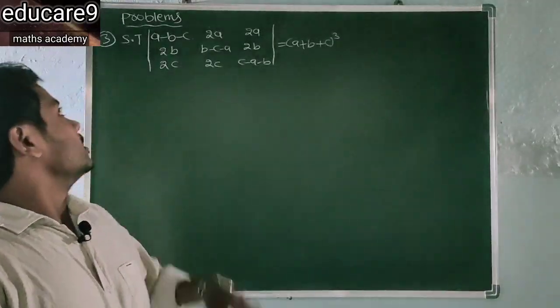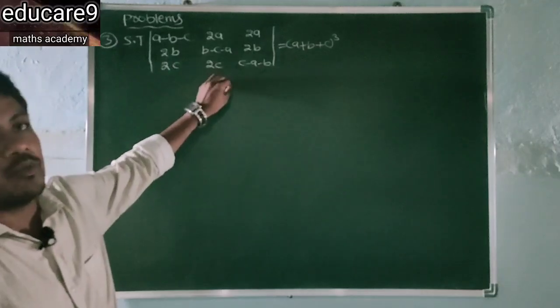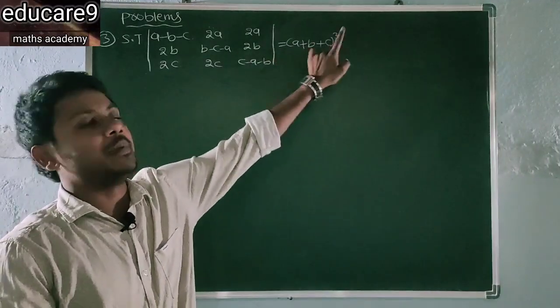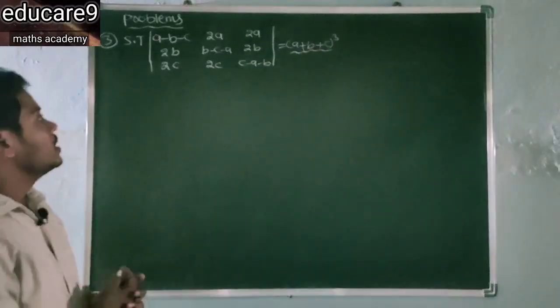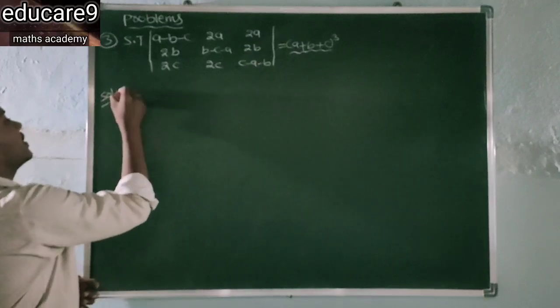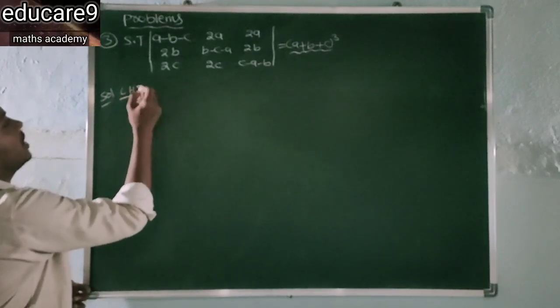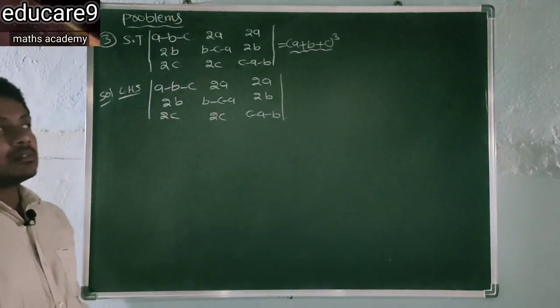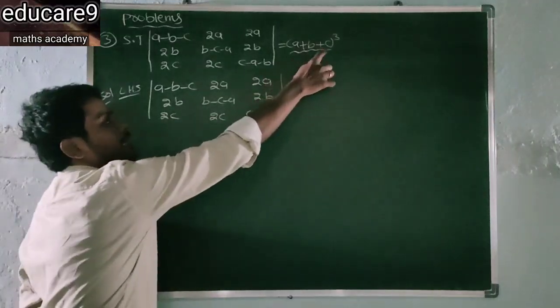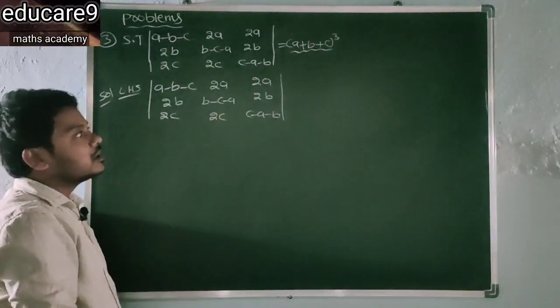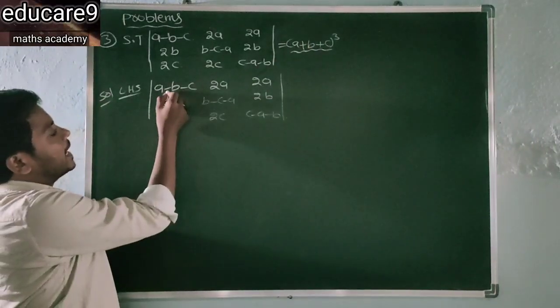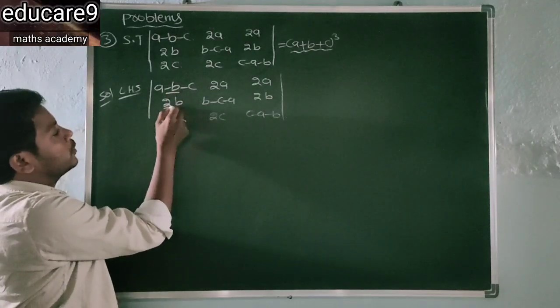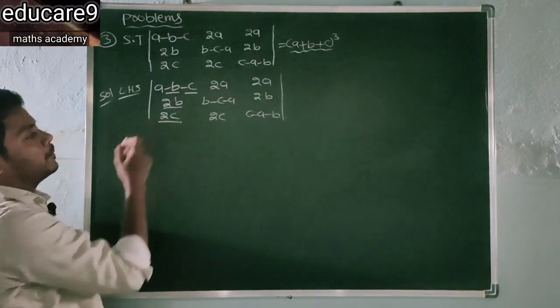So see the next one. Show that this determinant value is A plus B plus C whole cube. So consider the LHS. What is the LHS value? See here, you want A plus B plus C. So clearly here minus B, 2B, minus C, 2C.